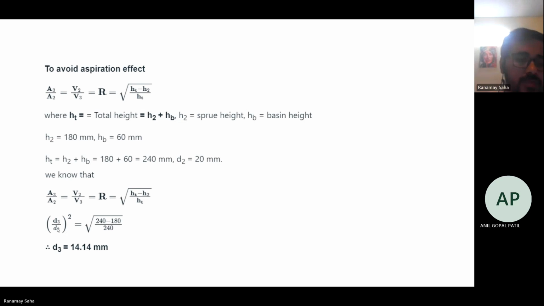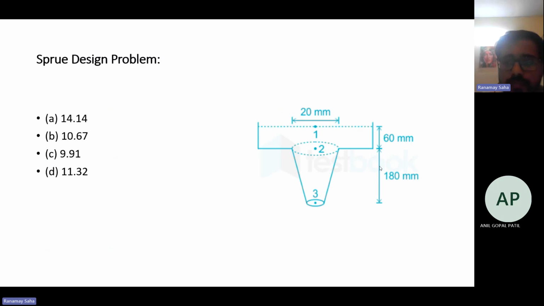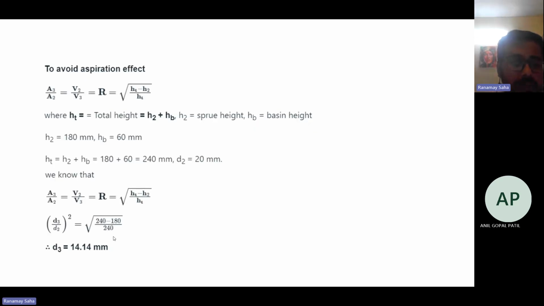You're left with the ratio of D3 squared on the left, and on the right-hand side 240 height minus 180, the height of the sprue, 180. You have into 40, D3 becomes 14.